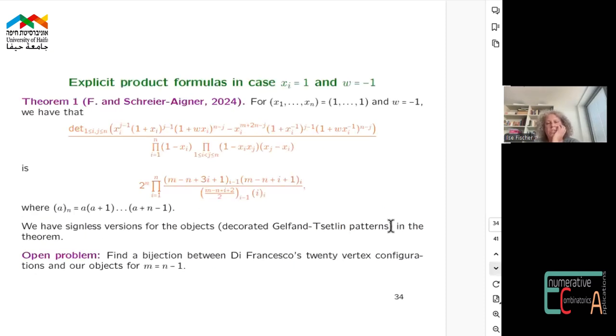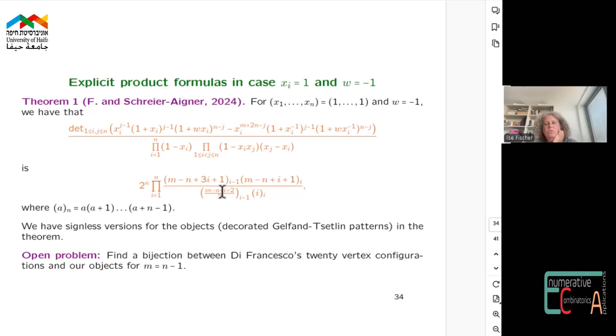Here I show you the result that I promised. So we showed that if we set all xi's to 1, the w to -1, then this expression in this bounded Littlewood identity is just this simple product formula. And this really enumerates something. So this is a certain -1 enumeration of arrowed Gelfand-Tsetlin patterns.